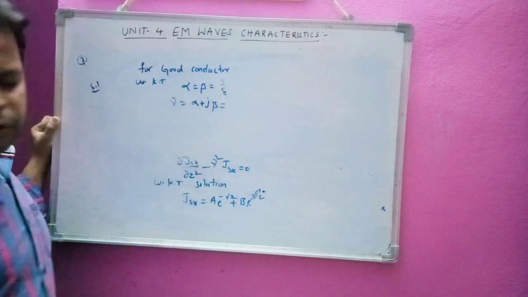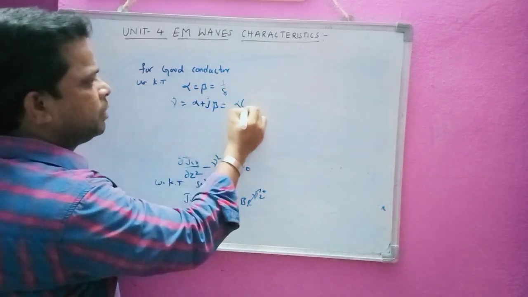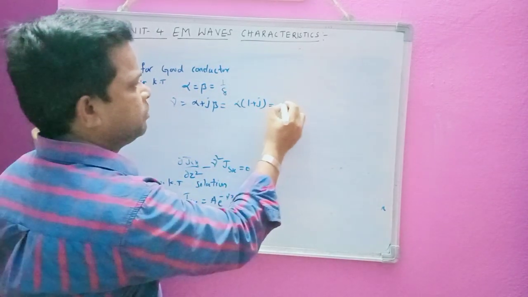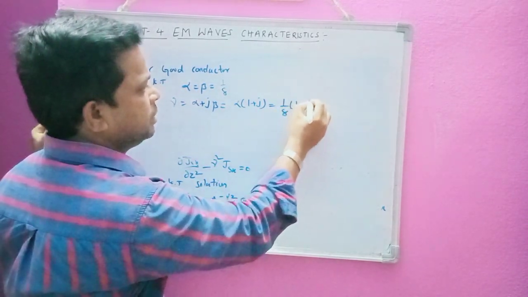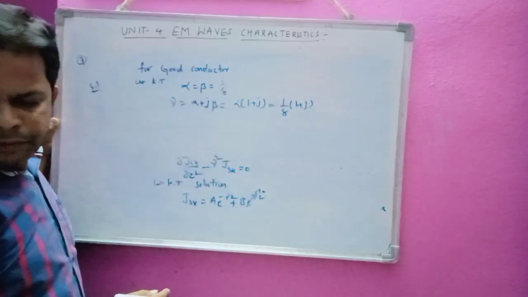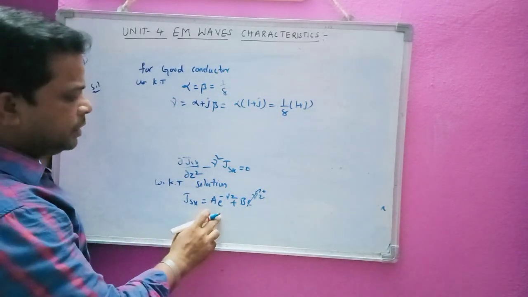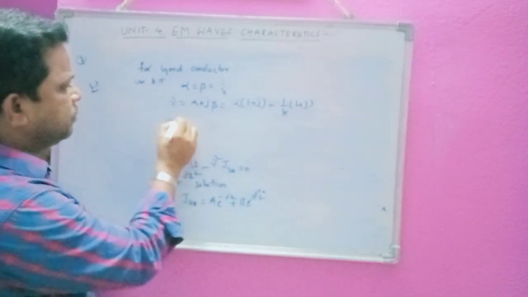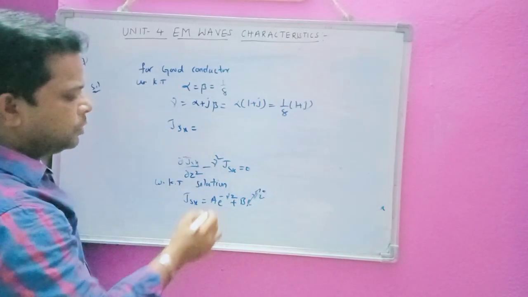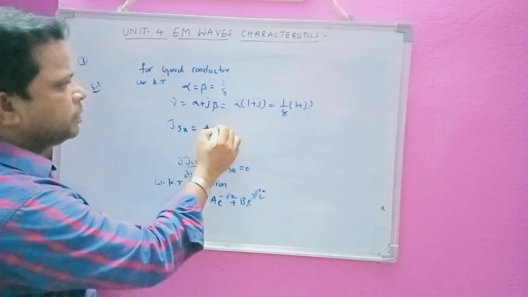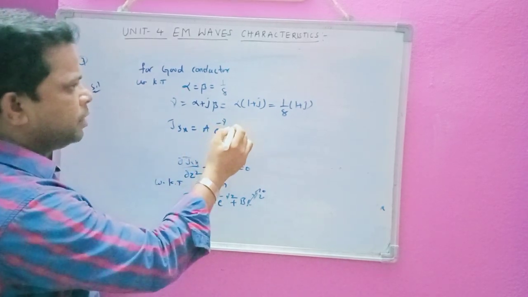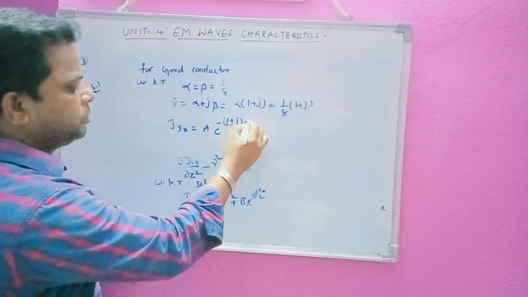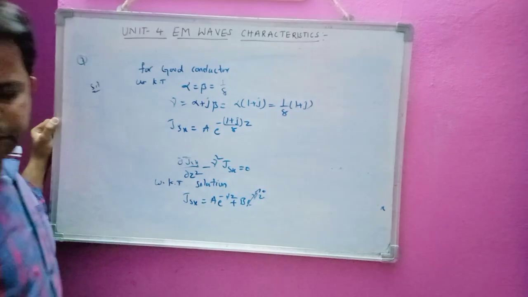If I take alpha equal to beta, I can write it as alpha into 1 plus j, that is 1 by delta into 1 plus j. Now if I write the equation for this one, Jsx of z is equal to A into e power minus gamma z, which is e power minus (1 plus j) by delta into z. That is the answer here.